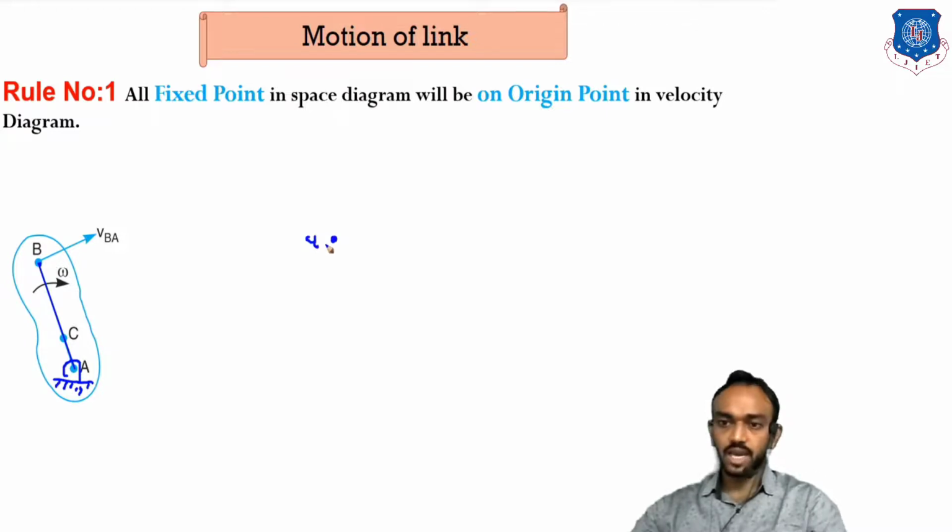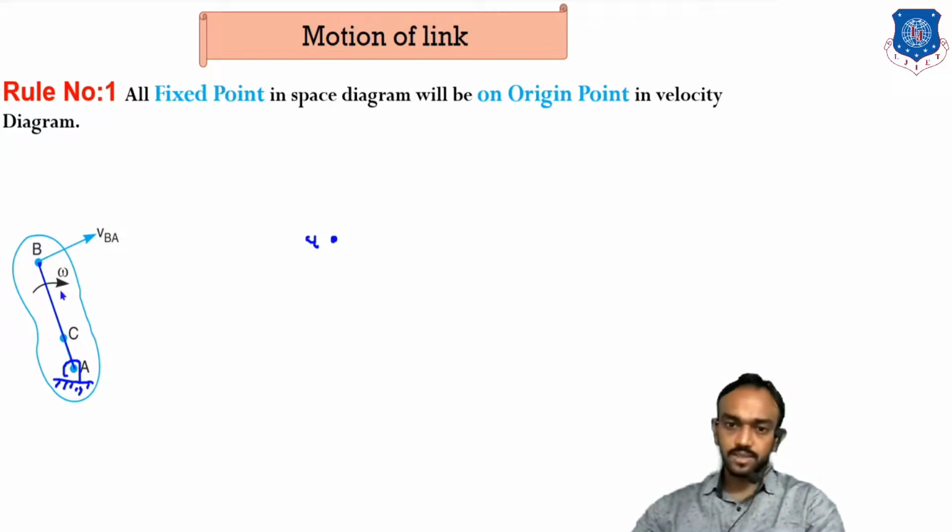In the velocity diagram, all points we denote in small letters, because in the space diagram all will be capital. So a, and with respect to a, the velocity of b will be perpendicular to link AB. You know this very well. In circular motion, the velocity of any point on the disk or link will be perpendicular to the radius.